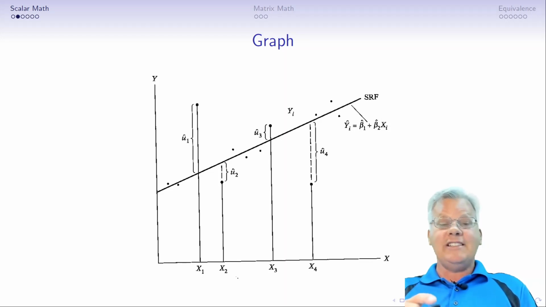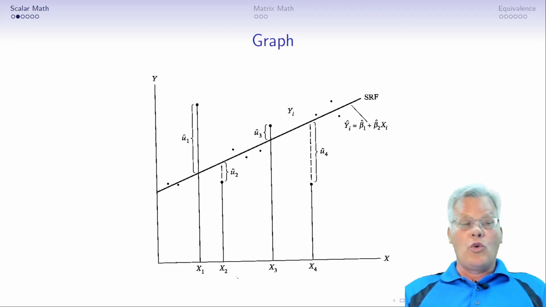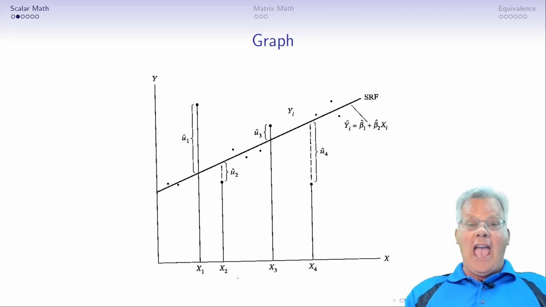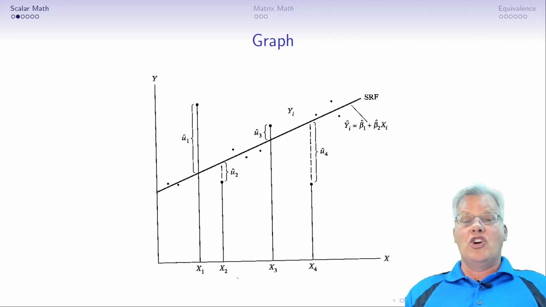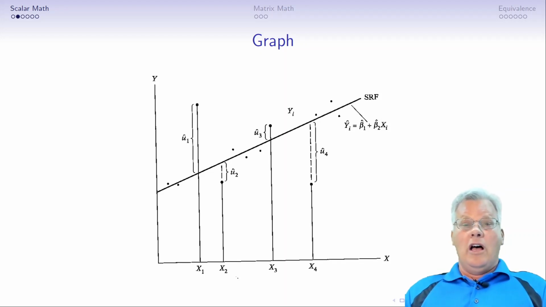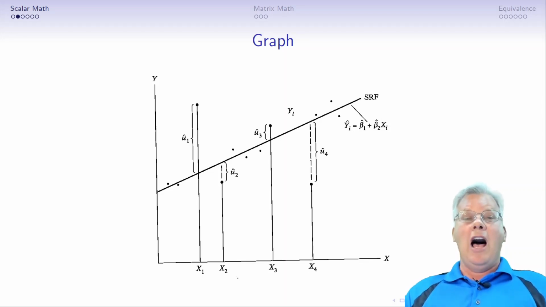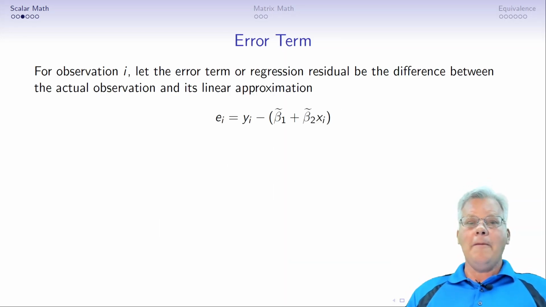The vertical distance between the regression line and the actual observation of y is the error term. Now, Gujarati denotes this as u sub i, but Verbeek, we're going to find on the next slide, denotes it as e sub i.